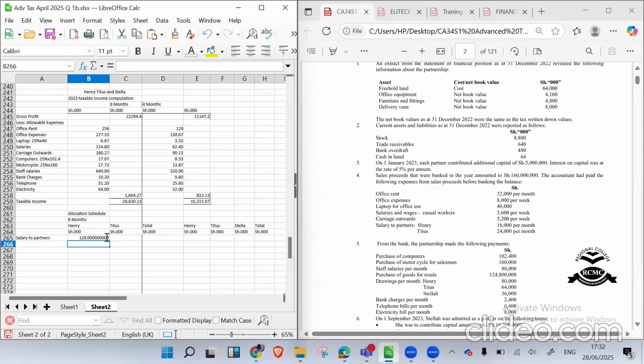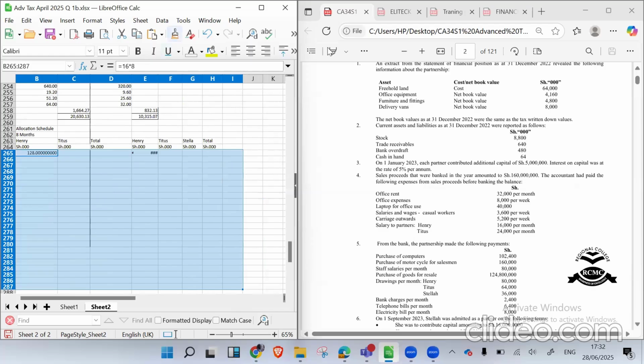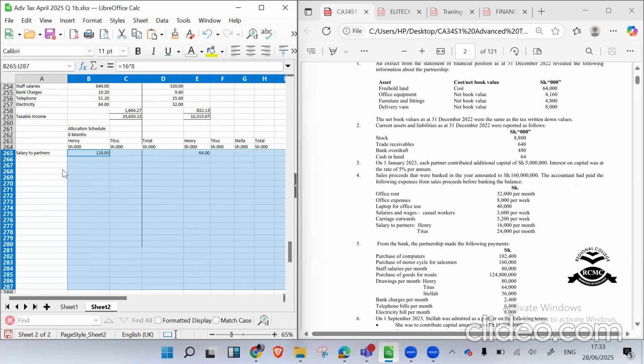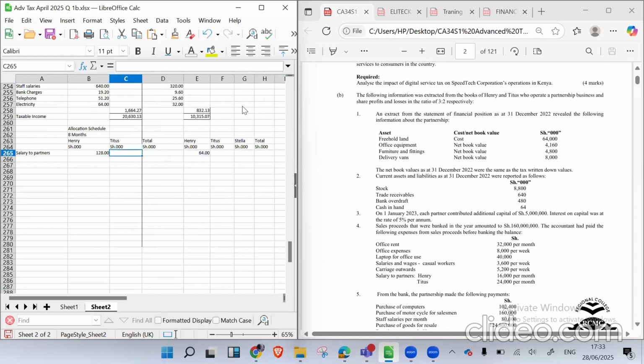Then we cook for the 4 months. Henry 16 by 4. Titus is getting 24 per month. So equals 24 by 8. And for the other it is 24 by 4.